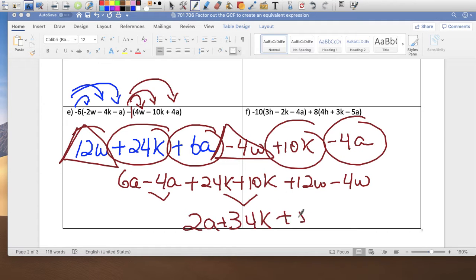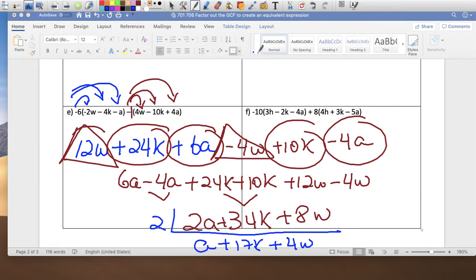And that becomes plus 8W. Now we can do the ladder method. And the highest number that goes into 2, 34, and 8 is 2. That becomes A, right? Or 1A plus 17K. And 2 goes into 8 4 times, 4W. Final answer, 2 times A plus 17K plus 4W.